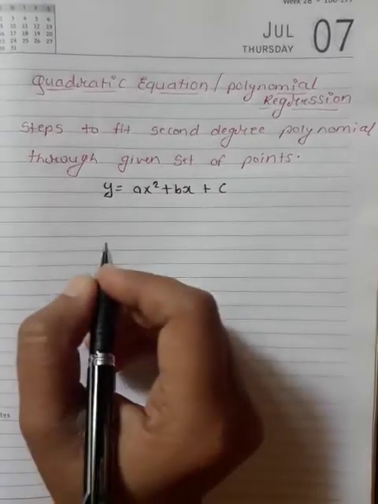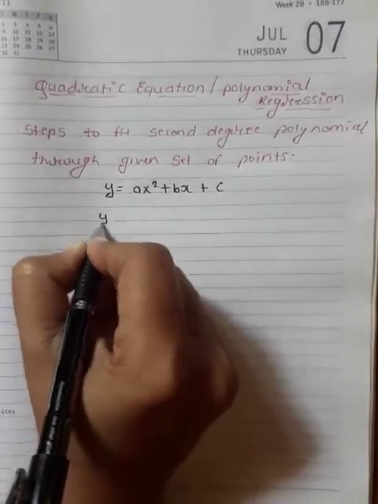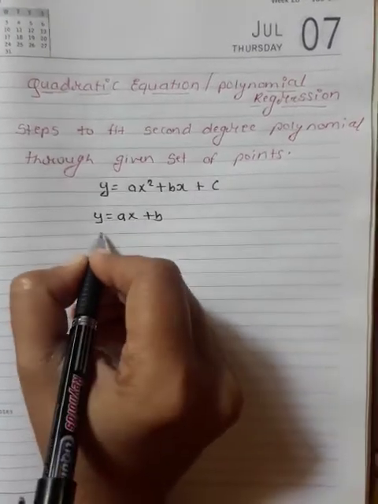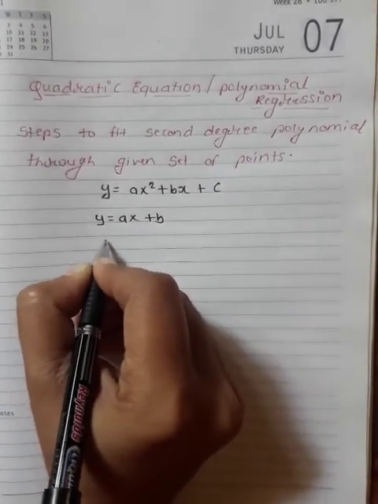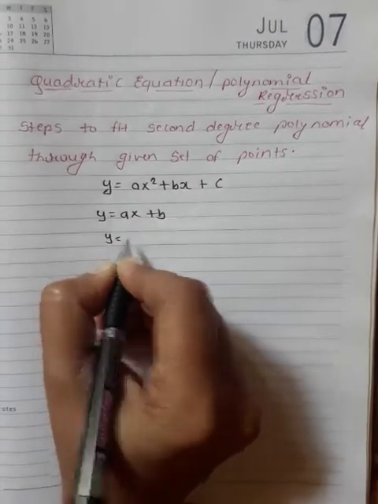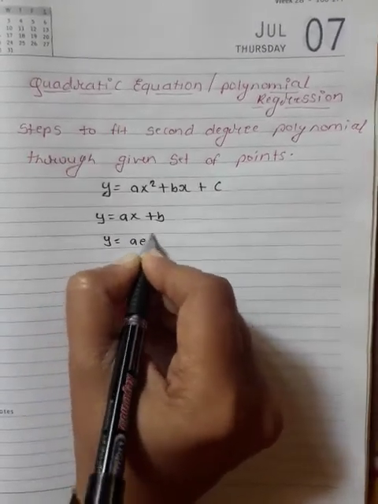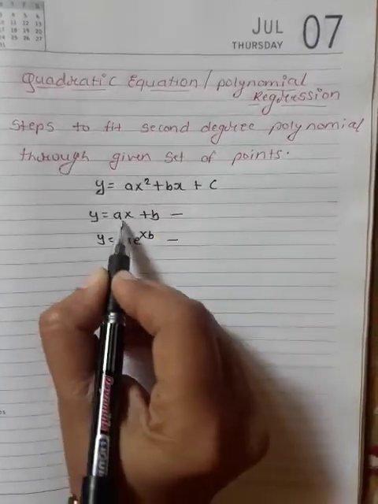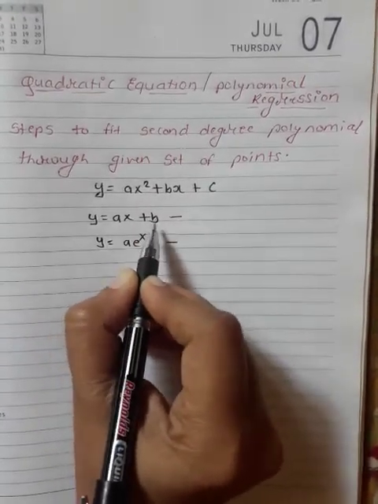If you have the equation for a straight line, y = ax + b, or the exponential equation y = ae^(bx), there are only two unknowns, a and b.